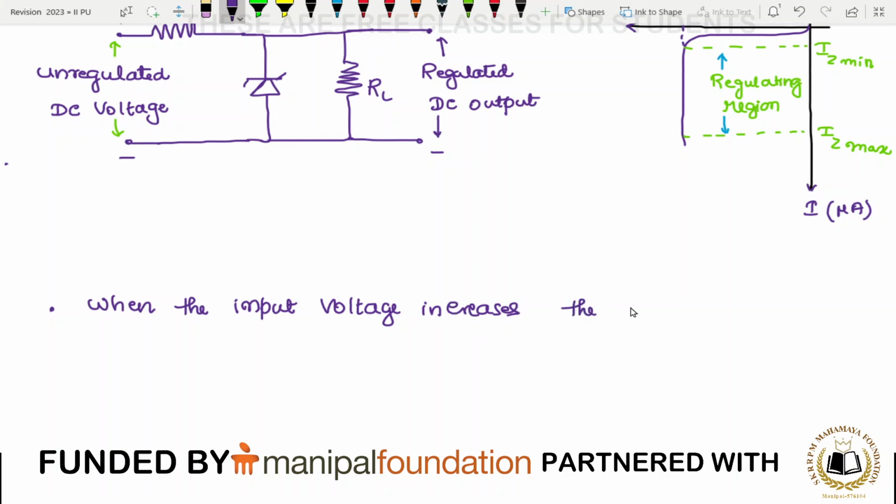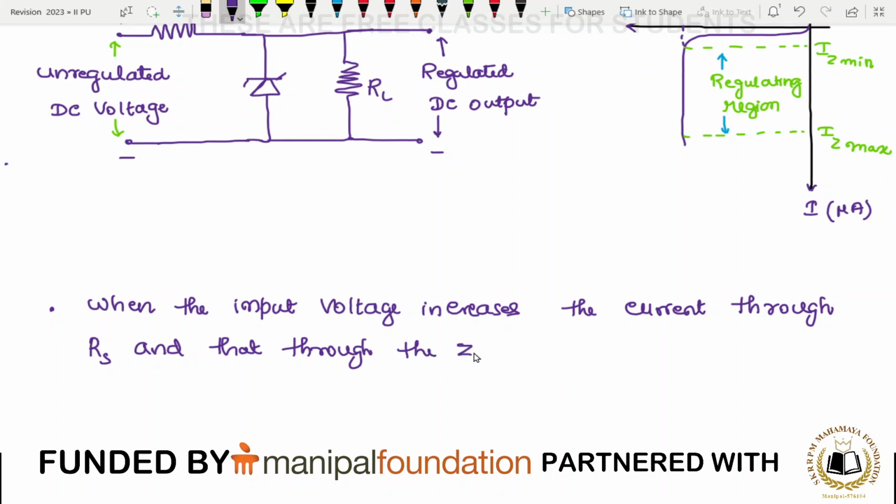The current through RS and that through the Zener diode will increase.